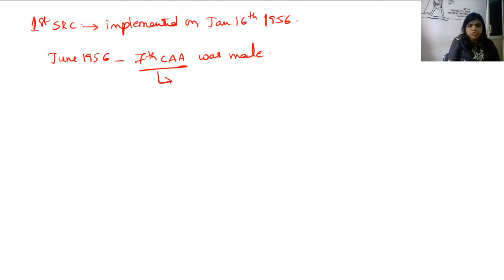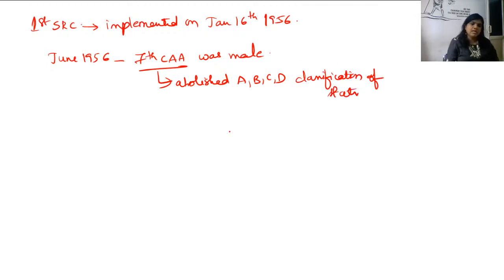This 7th Constitutional Amendment Act has abolished A, B, C, D classification of states, and gave recommendation for 14 states and 6 UTs, instead of this 16 states and 3 UTs.